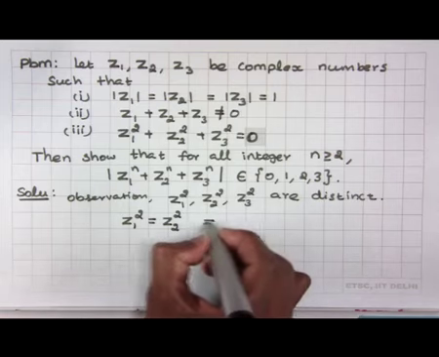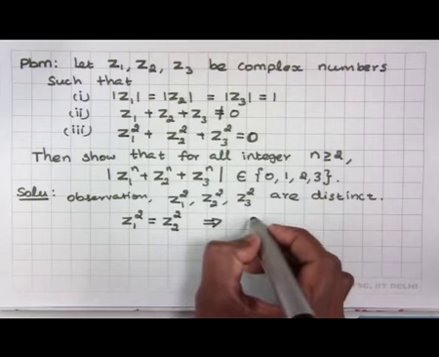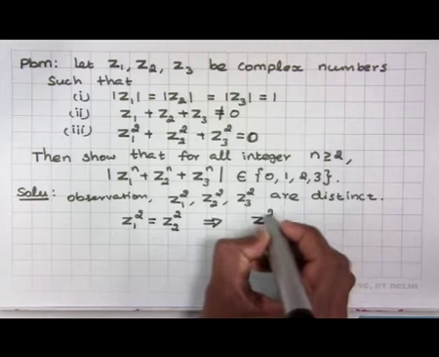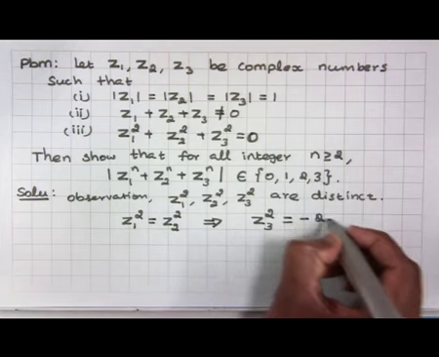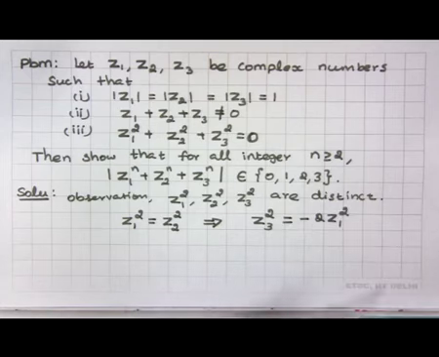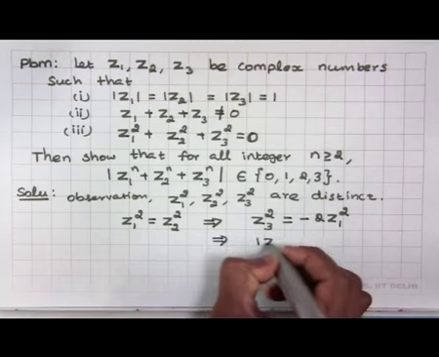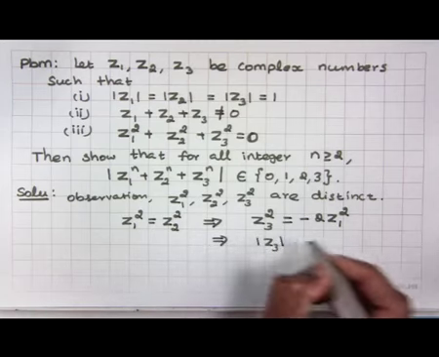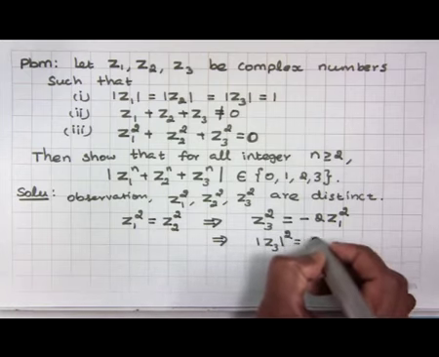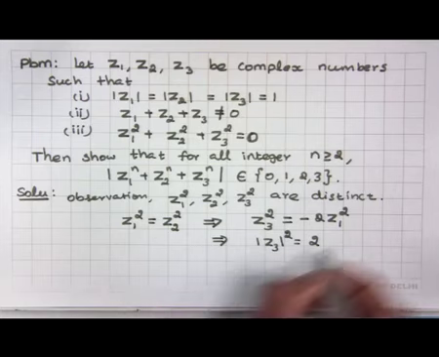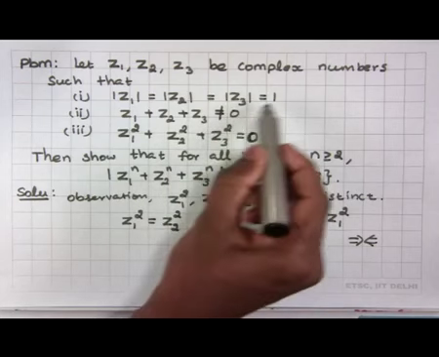Then immediately from the assumption we see that Z3 square is minus 2 times Z1 square. That immediately tells that the modulus of Z3, whose square is basically 2, contradicts our assumption that the modulus of Z3 is 1.